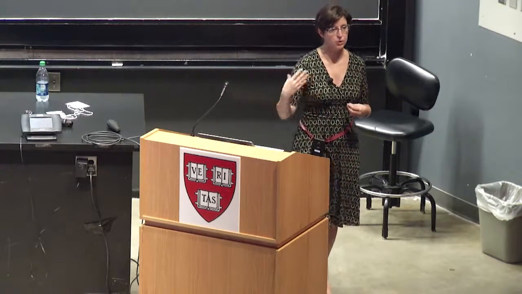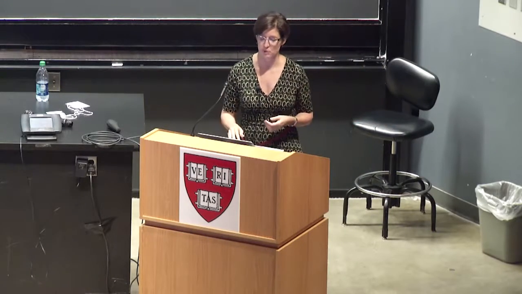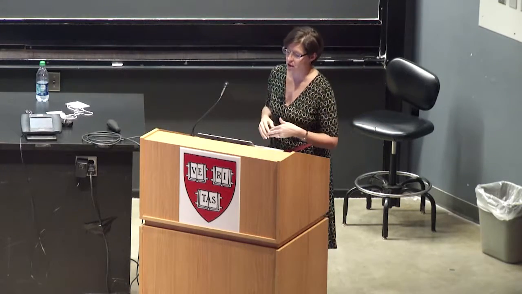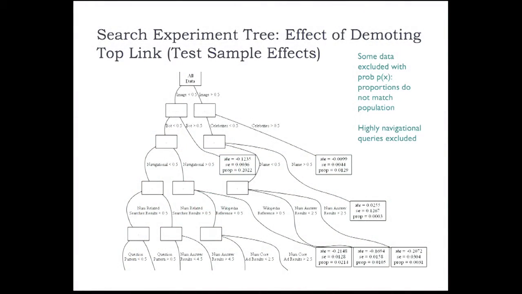That's because if you're looking for Britney Spears, you're actually not looking for information. Maybe you just want to see a picture or something else, and so the treatment had no effect. While for things that were classified to be better matches for Wikipedia informational queries, the effect was much larger than average. You lost 0.2 clicks instead of 0.135, which was the average.